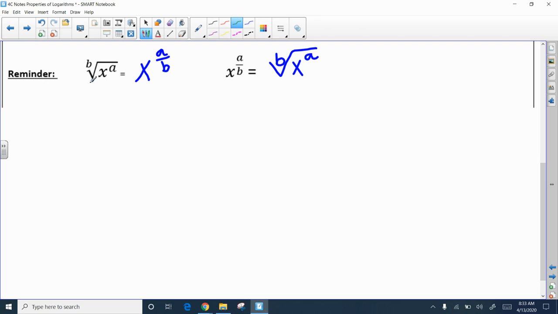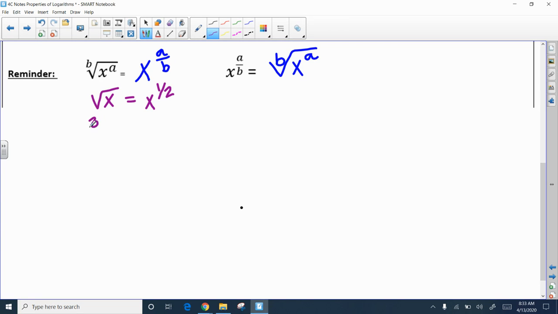Most often we see this written as a radical, and we have to rewrite it as an exponent. So a couple examples, if we have a square root of x, a square root would be an index of 2. So this would be x to the 1 over 2 power. There's not a power there. This is just like x to the first power.